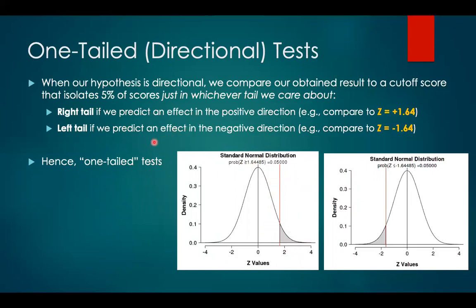Now, on the other hand, if we predict an effect in the negative direction, we'll be comparing our result to a z-score of negative 1.64, which isolates this leftmost tail of the standard normal distribution to result in that p-value of 0.05.